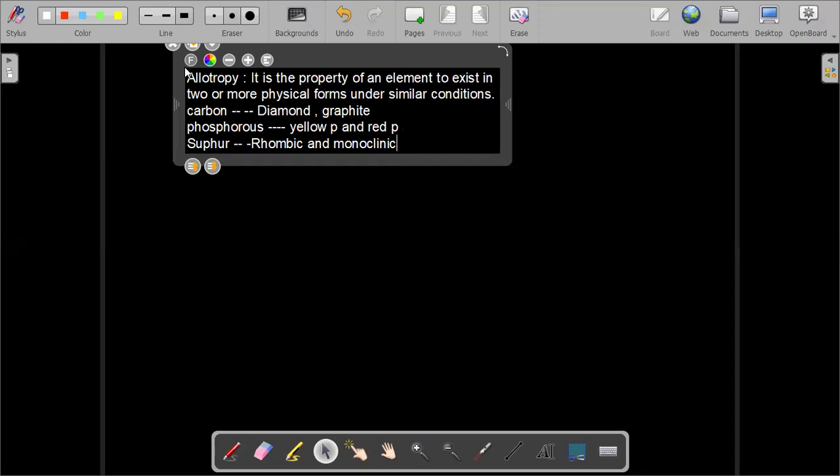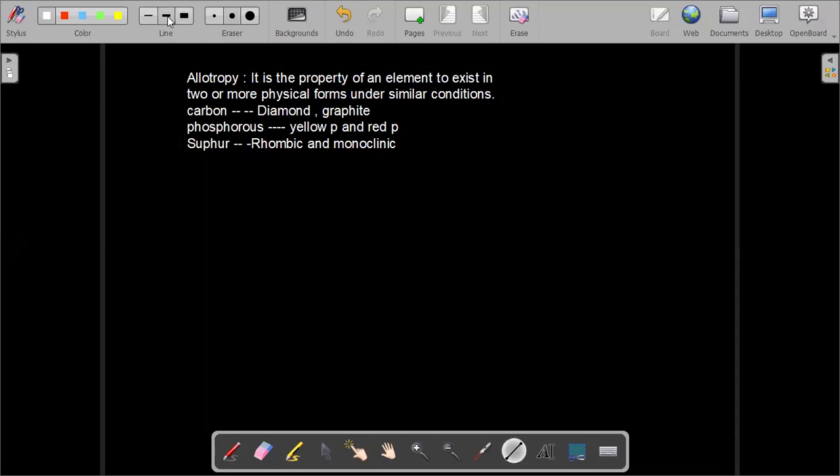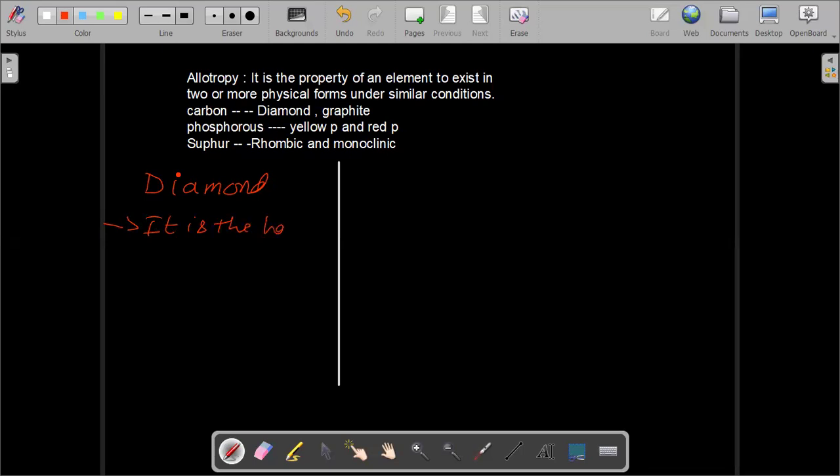So I can list out a number of differences between diamond and graphite. First of all, diamond is hard, or you can say it is the hardest substance, whereas graphite is not hard, it's breakable.